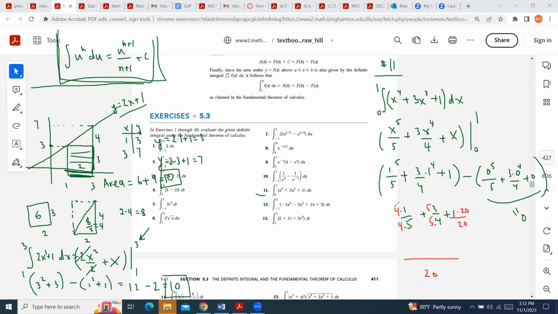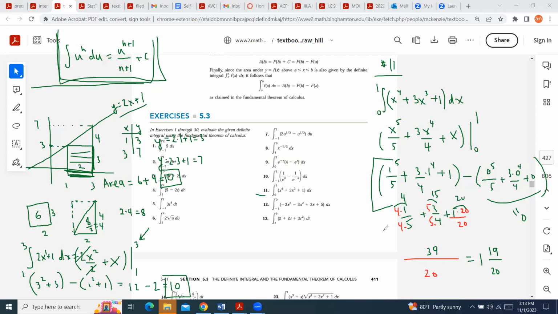Well, we have 4 20ths plus 15 20ths and plus 20 20ths. So it's 19 and 20, 39 20ths. Or you can write 1 and 19 20ths, but the calculator will probably give you 1 and 0.95, something like that. Just the same thing.